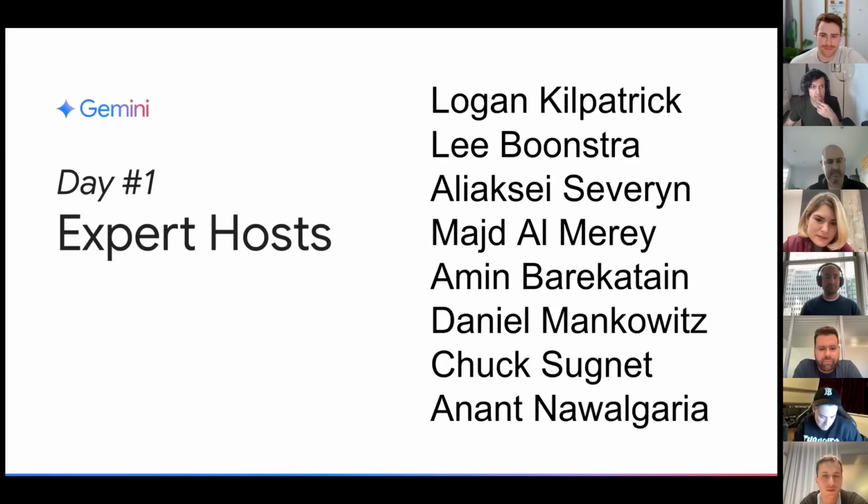RLHF is a powerful technique for aligning models to human preferences. Think of making responses safer, more helpful, or factually correct. It's a bit more complicated than SFT, but in brief, we use a collection of input prompts to generate responses from the model that we're trying to fine-tune, and then use another model called a reward model to penalize responses that are bad and reward the good ones.